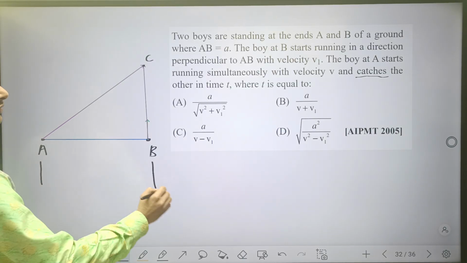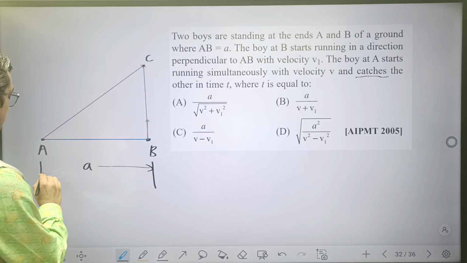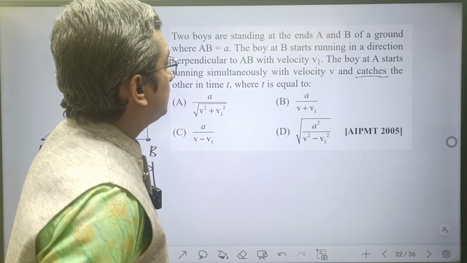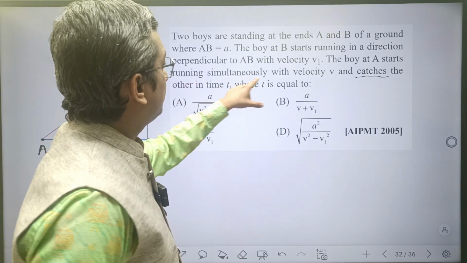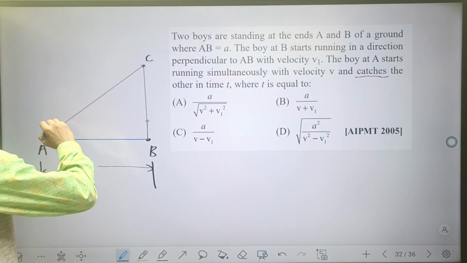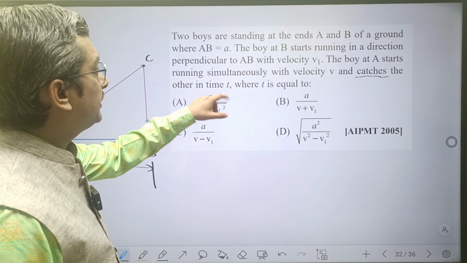This distance, dear students, is given as AB is equal to a. The boy at A starts running with velocity v, so the speed of A is given as v here, and catches the other in time t.